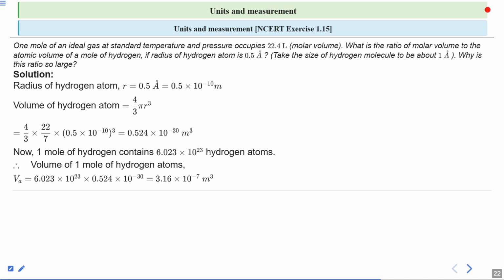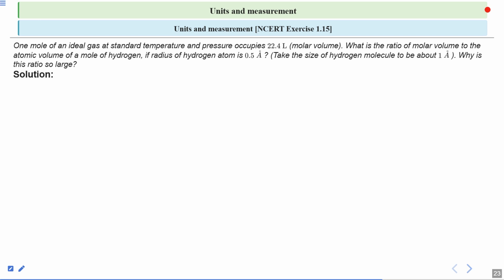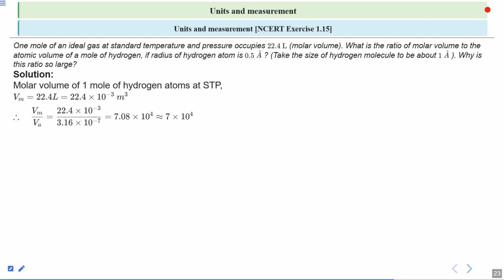So the volume of 1 mole of hydrogen at STP is 22.4 liter, and 1 liter is 10 to the power minus 3 meter cube. So we do the calculation and we will get 7.08 times 10 to the power 4.